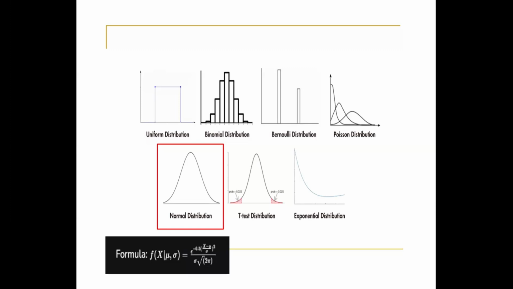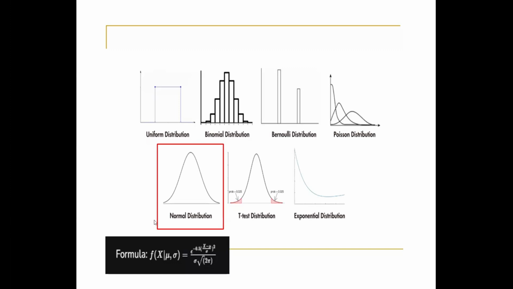If you draw a graph, you will get a bell curve like this. Most of the values cluster around the mean, and the further you deviate from the mean, the fewer values you will see. This we call the Gaussian distribution.